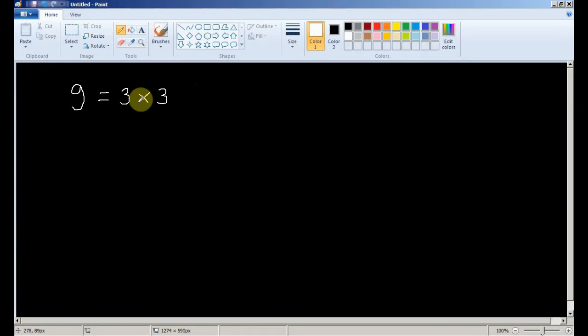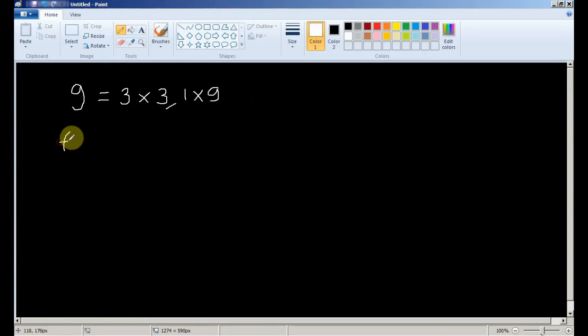So 3 into 3 is 9. What are the other pairs? 1 into 9 is one pair. Is there anything else? I don't think so. So only these numbers multiply and give you the answer 9.